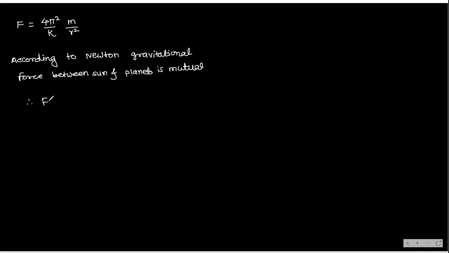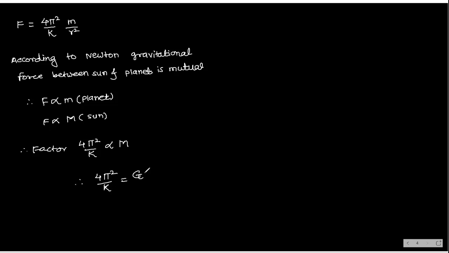Therefore, if the force is directly proportional to small m, that is the planet, definitely this force should also be directly proportional to the mass of the sun, right? And therefore the factor 4 pi square by k should be directly proportional to M, and therefore this 4 pi square by k is equal to G into M. G is the gravitational constant.